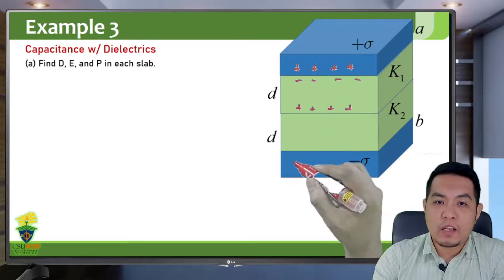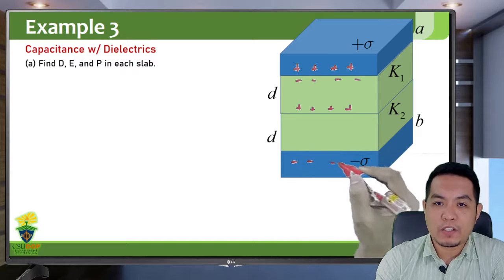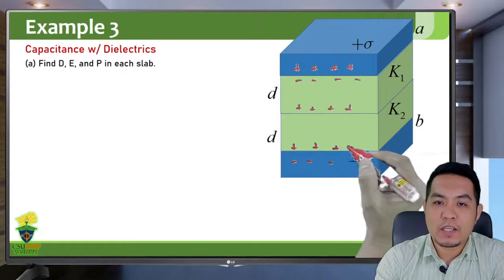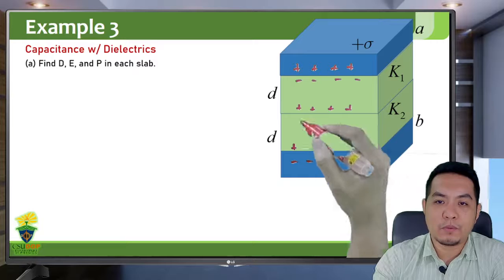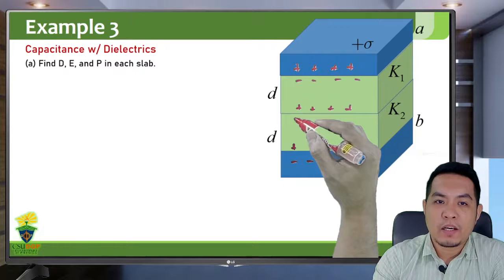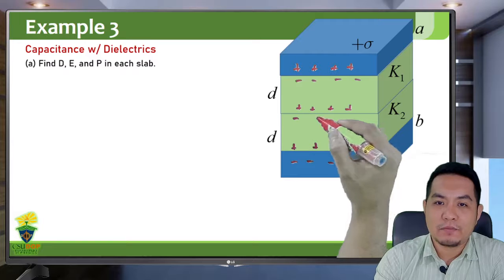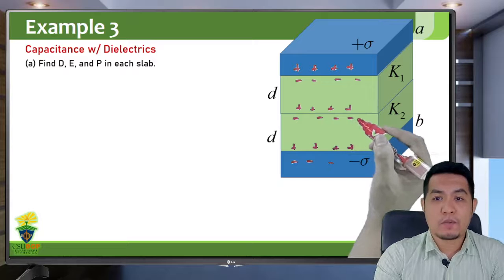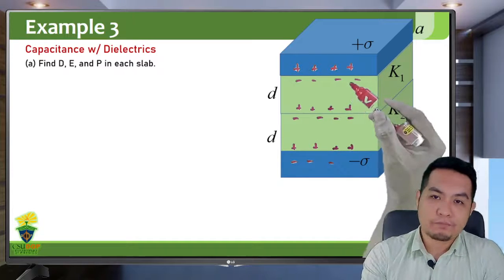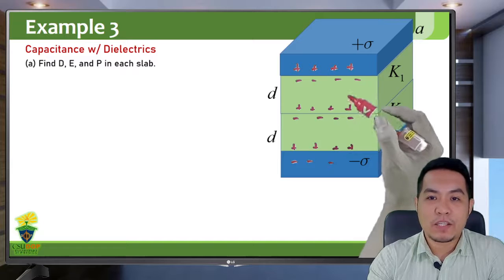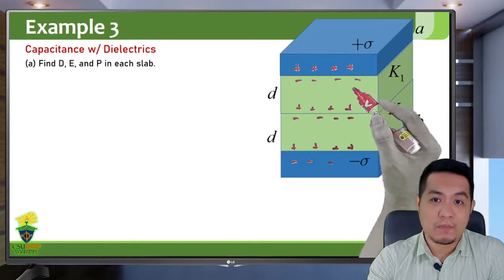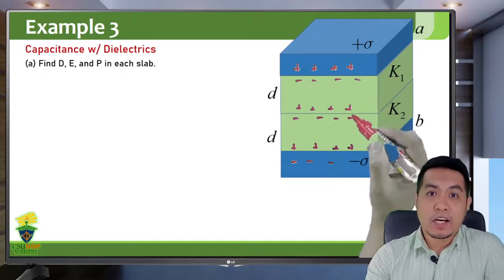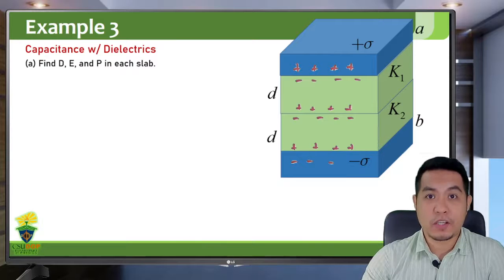So since the lower plate is negatively charged, then there will be positive bound charges at the lower surface of slab number 2, and there will be negative bound charges at the upper surface of dielectric number 2. Take note that the magnitude of these bound charges for every slab are actually the same. They only differ in the sign. Basically, our slabs are initially neutral, so they should have a total charge of 0.